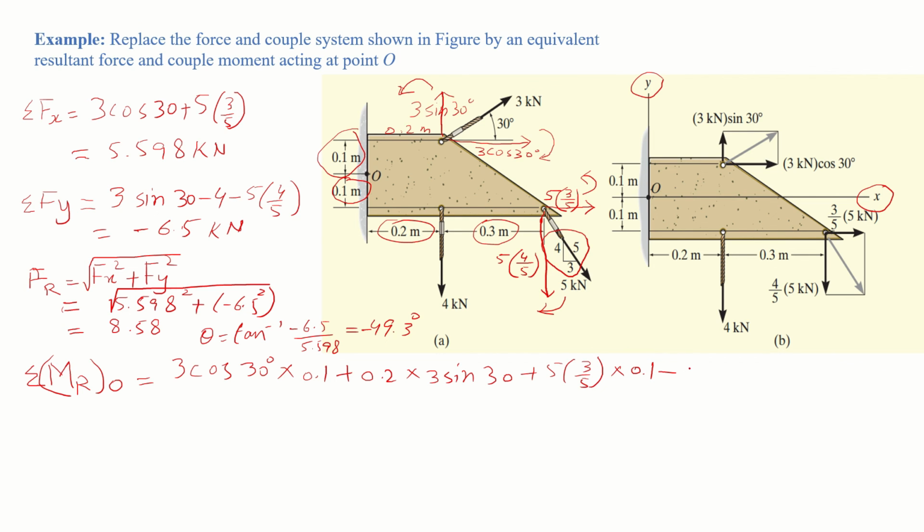So we place a negative sign: 5 times 4 by 5 multiplied by 0.5. The last force is 4 kilonewton, which will rotate the body in the clockwise direction, and it has a distance of 0.2 meter. So it is with the negative sign, 4 multiplied by 0.2, and the answer is equal to negative 2.46 kilonewton meter.